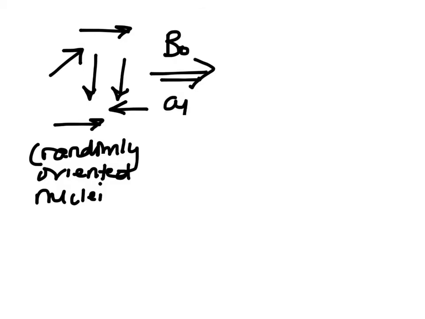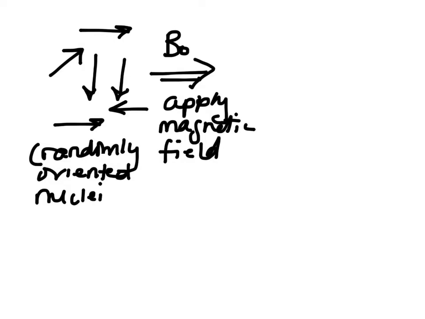Okay, so this is apply a magnetic field. That's what B0 stands for. What we would do is that some of the spins would align.